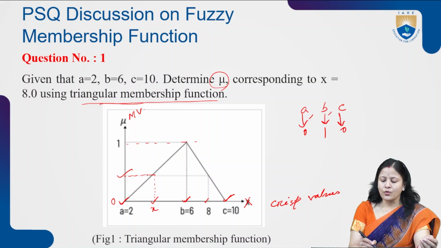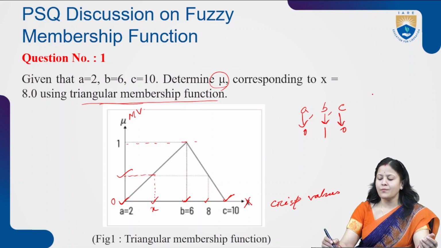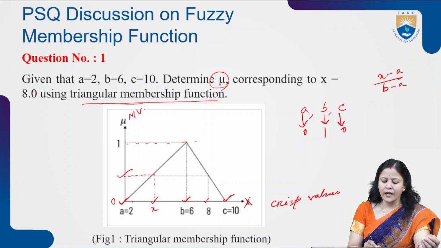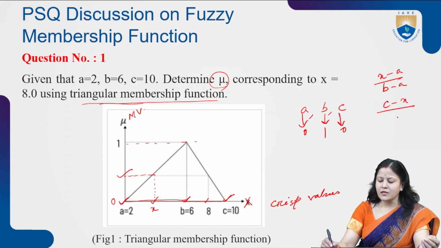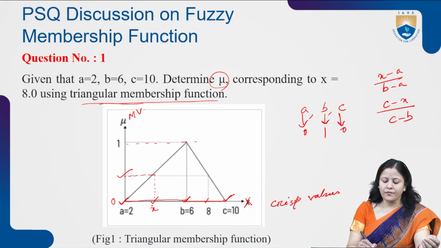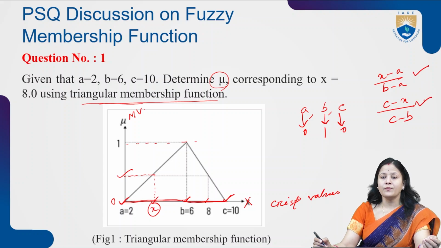The membership function for this would be x minus A divided by B minus A, if x lies between A and B. Same thing, if x lies between B and C, the membership value would be C minus x divided by C minus B.